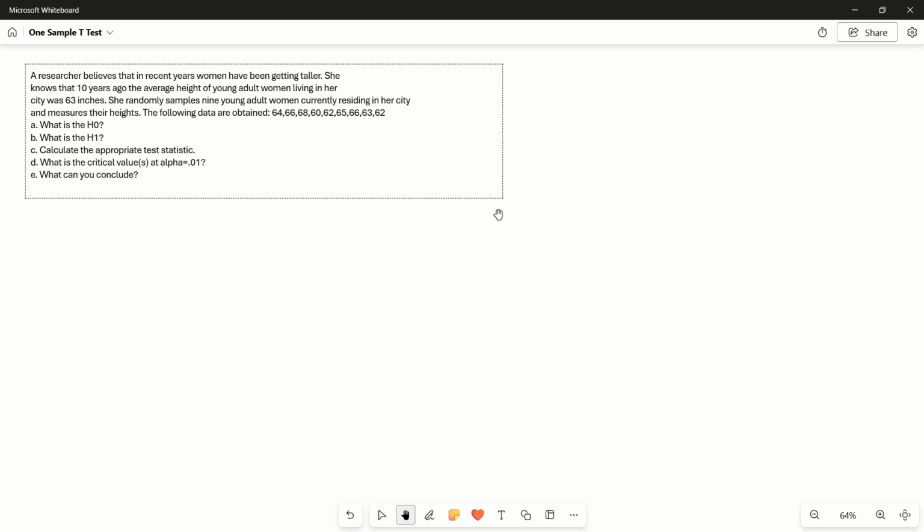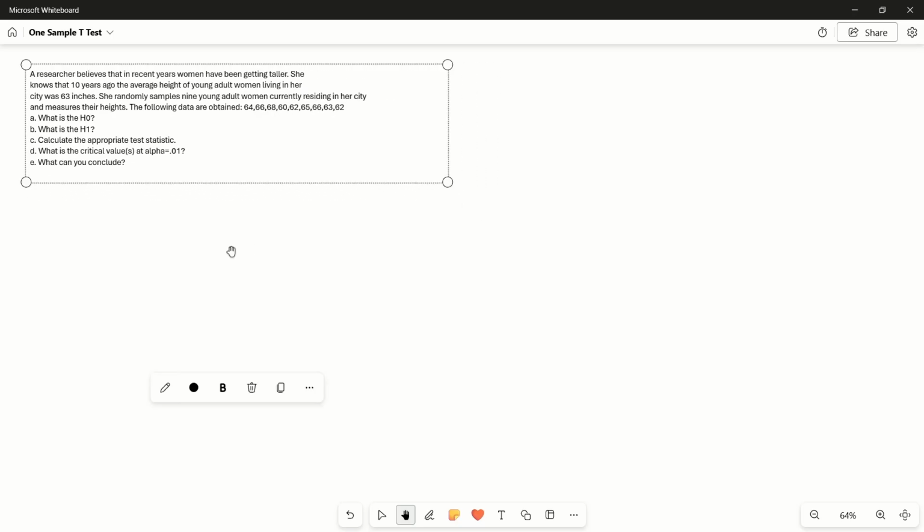Okay, I just want to maximize the room I have here. So here are my X values.